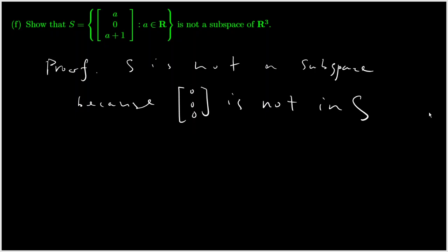That's it. Which means one of the three conditions is not satisfied. It cannot be a subspace. Okay. Easy?